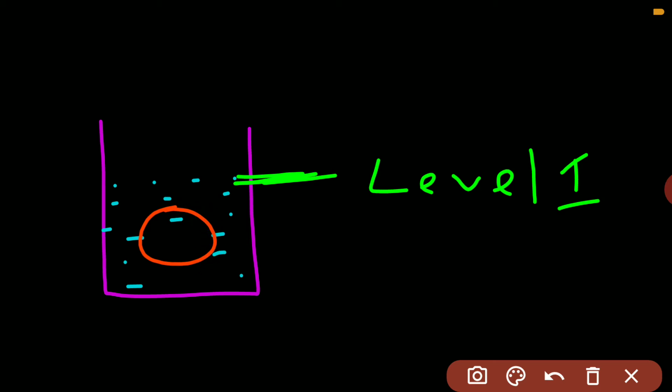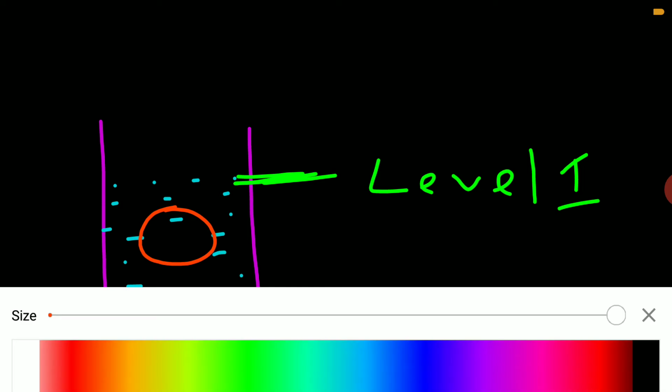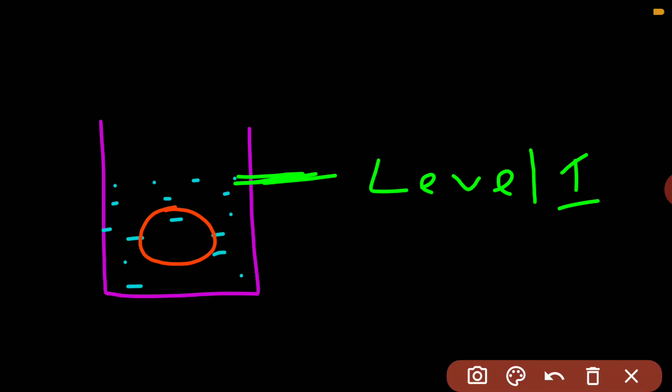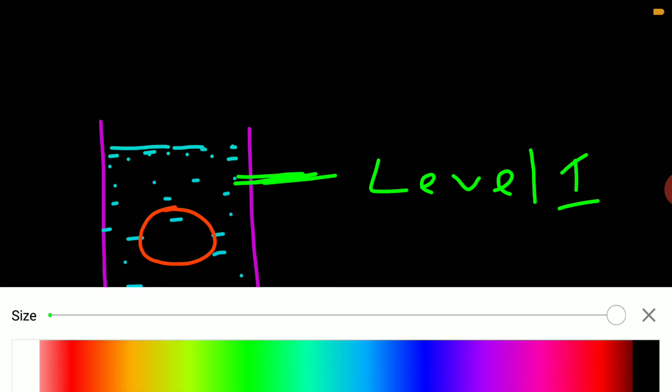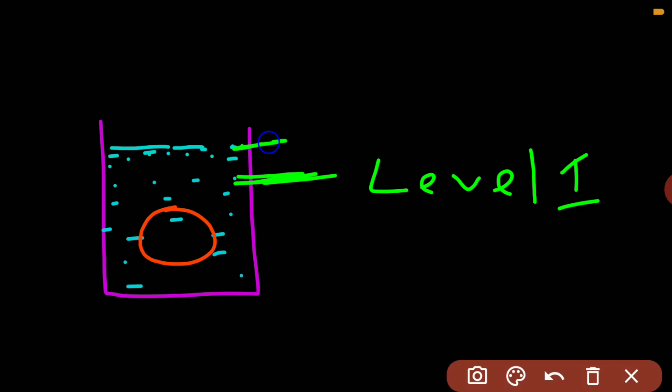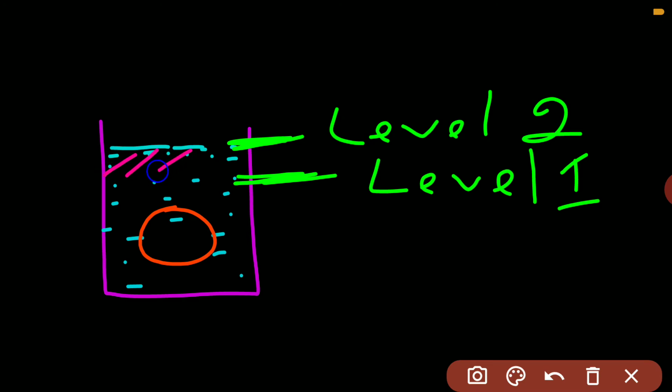Under this condition, as you all know, the level of the liquid should rise. By how much? By the volume of the ball immersed in it. Now we have level 2, that is the second level of the liquid. Here you can see this portion of the liquid has been displaced by the object.